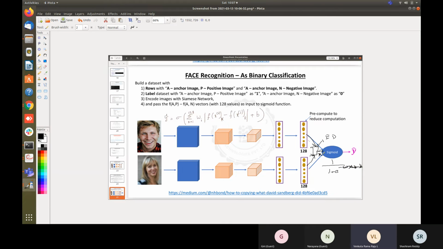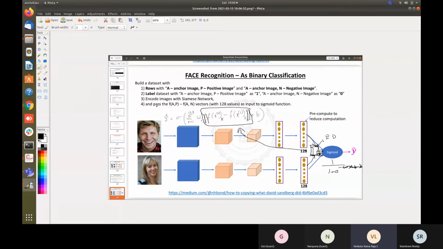What is this X? That is that X. This box is that one. Got it? Yes. And that is the Siamese network.